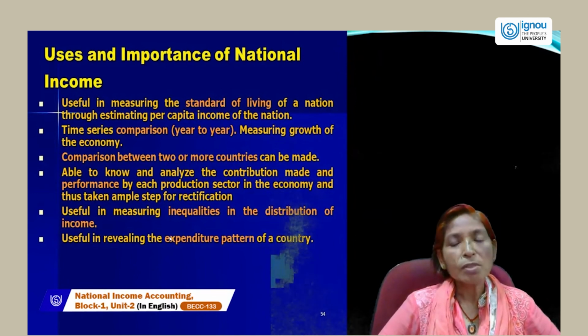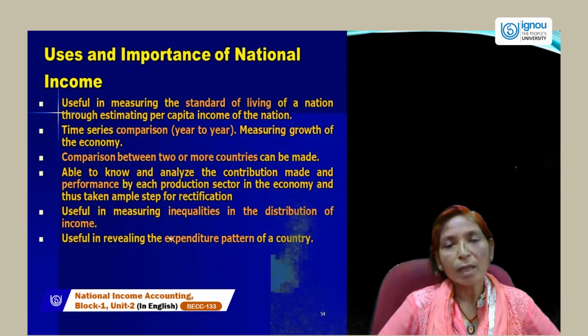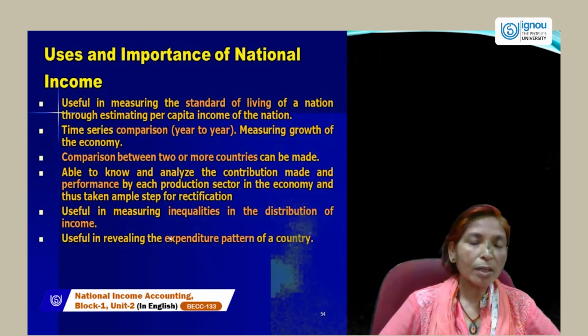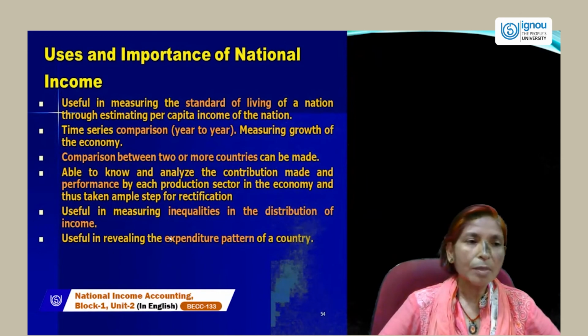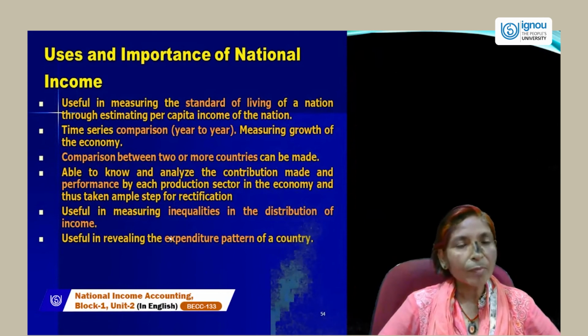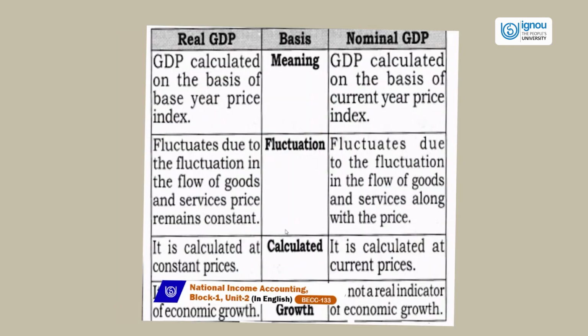It is very useful in measuring inequalities of income and wealth, and in revealing the expenditure pattern of a country. So national income is very useful. That's why we must estimate national income every year, because it's a flow concept.